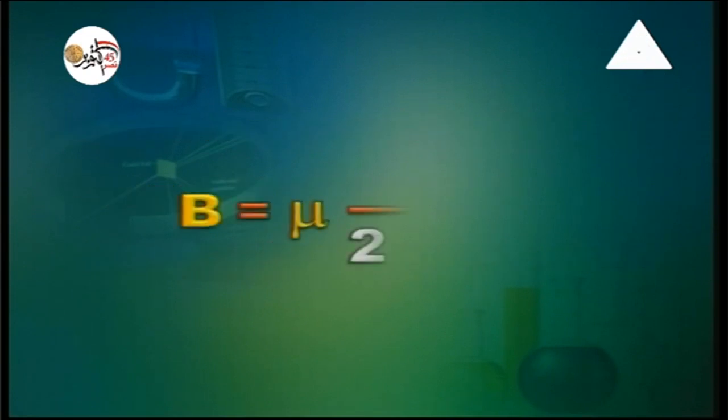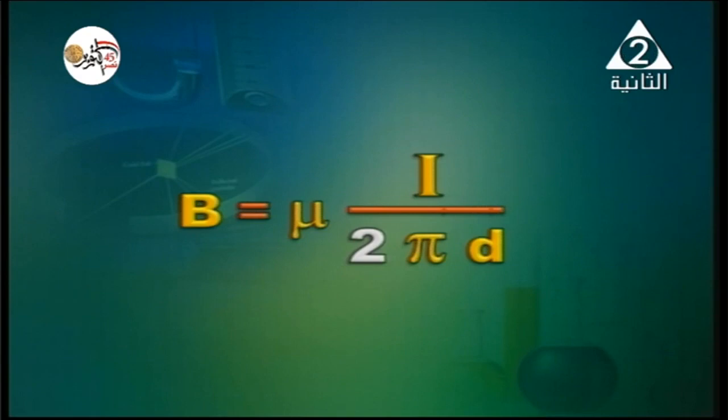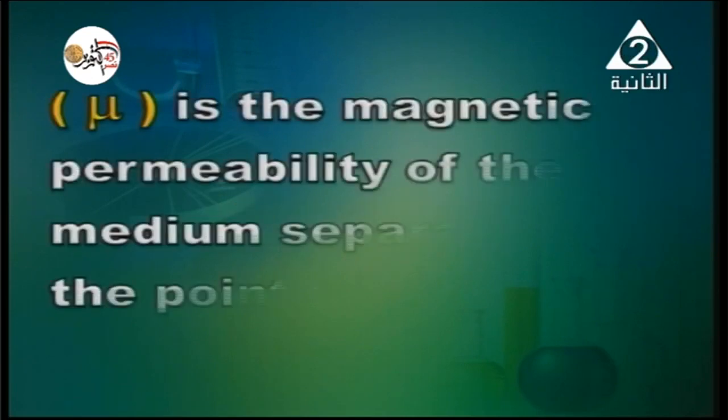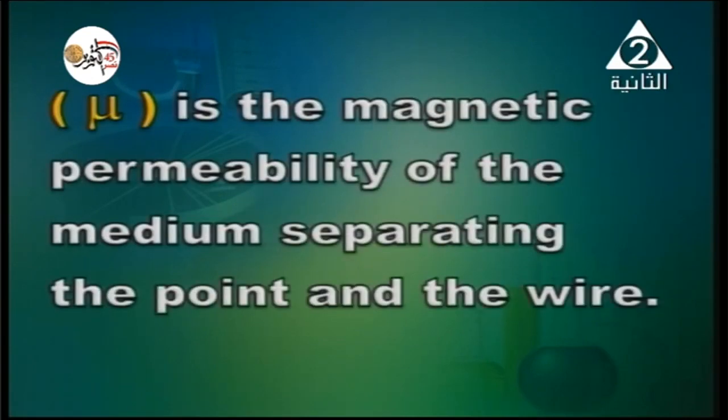B is given by the expression B = μI/2πd. I is the current intensity. d is the normal distance between the point and the wire, the point at which you want to calculate the magnetic flux density. μ is the magnetic permeability of the medium separating the point and the wire.